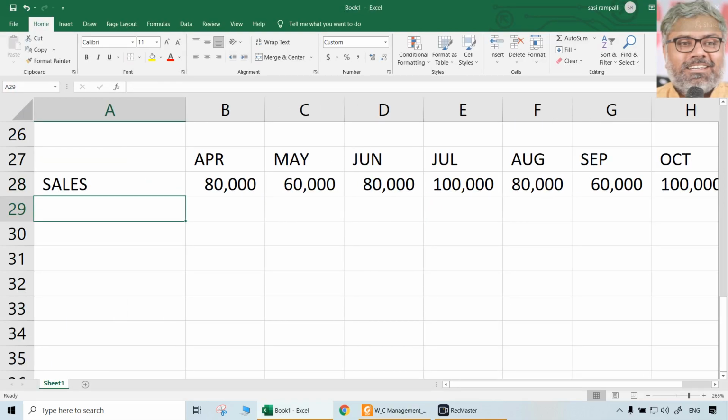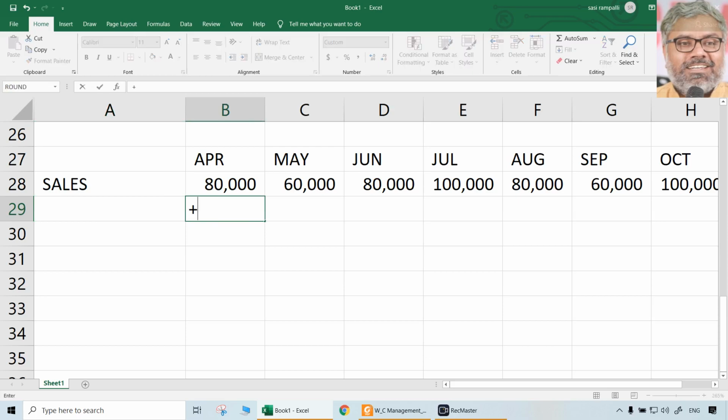Now, purchases come; payment will be what? 80% of the sales paid for in the preceding month. For example, in April, 80% of May sales will be paid in April itself.